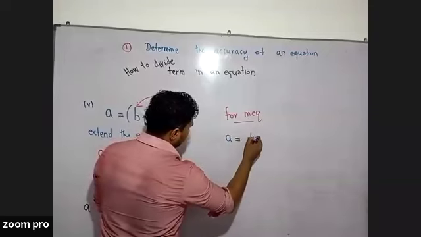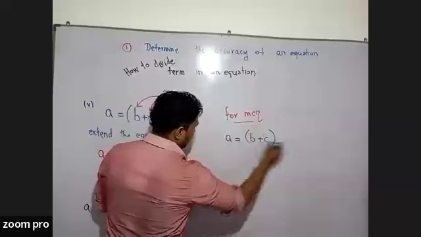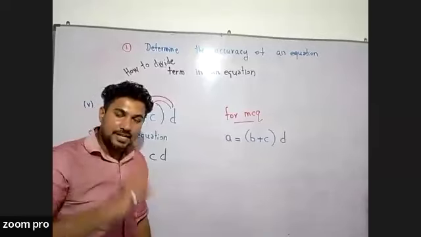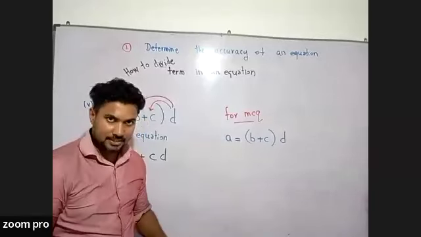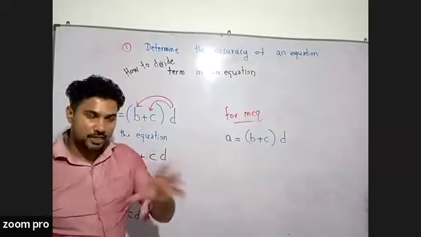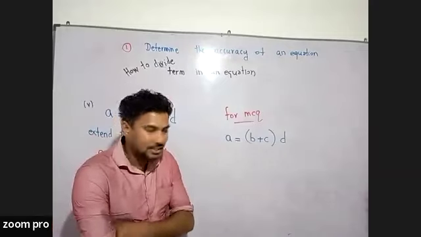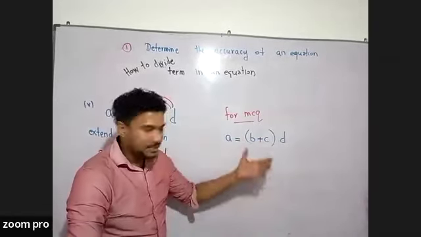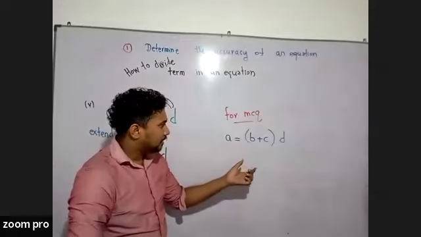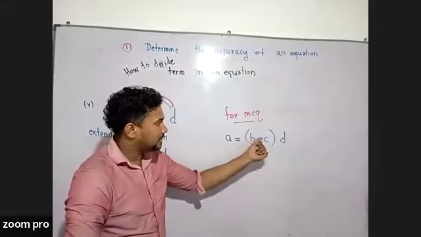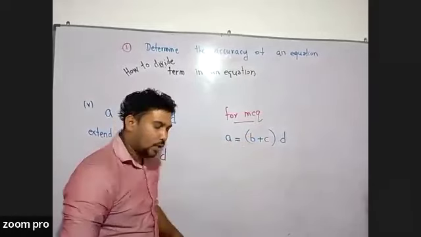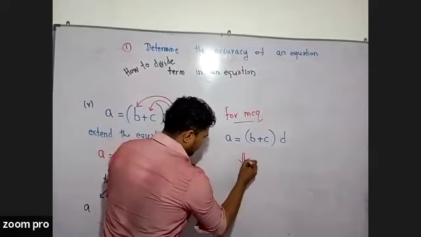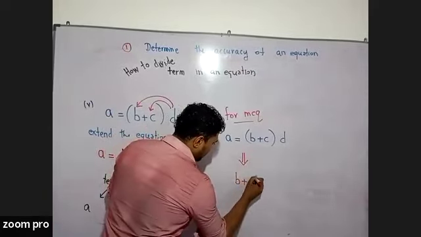A equals B plus C into D, right? Now, if you are given an equation including a bracket, just concern the inside of the bracket. In this equation, there are B and C inside this bracket, isn't it? Just isolate the bracket. That means let's concern only the bracket.